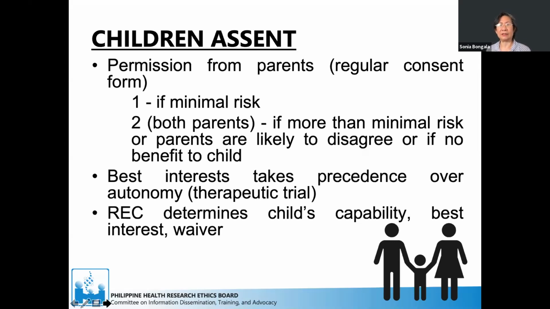The best interest of the child should take priority over autonomy, especially in therapeutic trials. So the REC determines the child's capability, works for the best interest of the child, and tries to determine whether a waiver of consent is necessary or not.